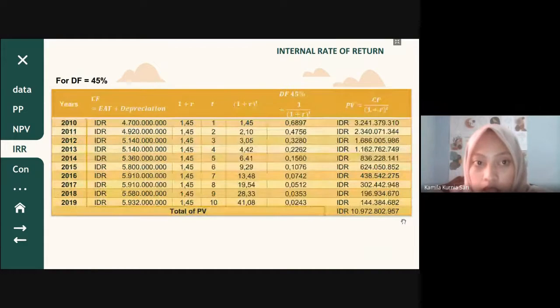Next we choose the required profit of 45%. In the same way, we have this analysis table and we get this result, as shown on the screen.